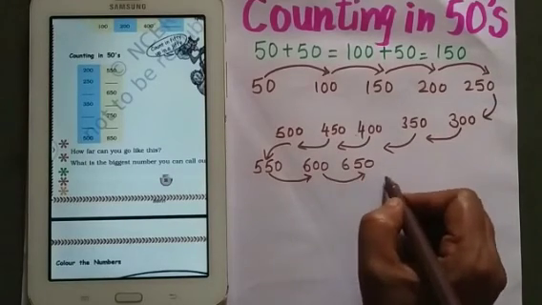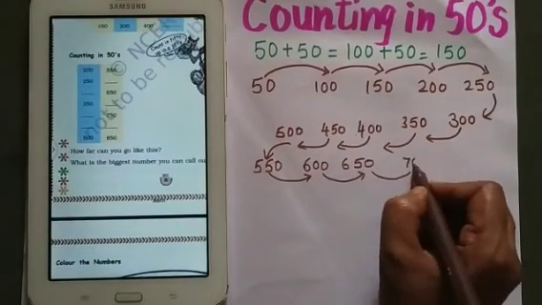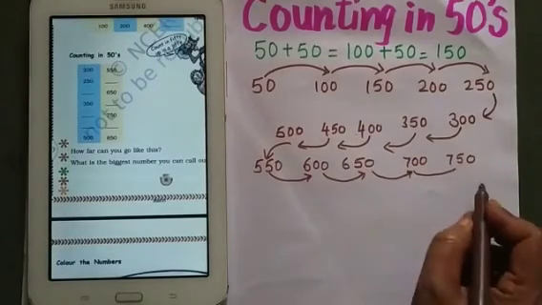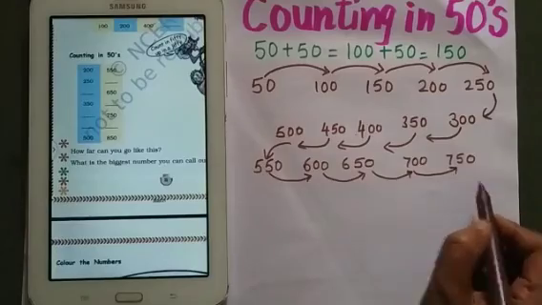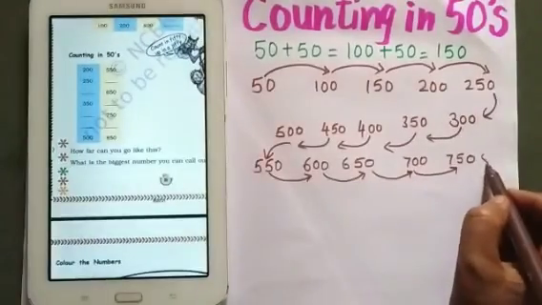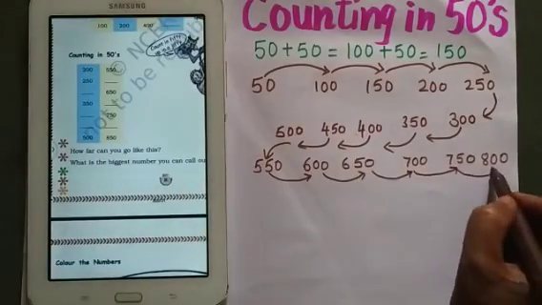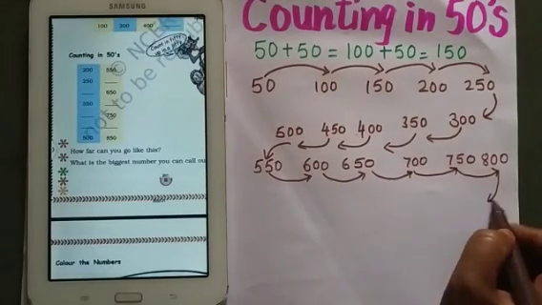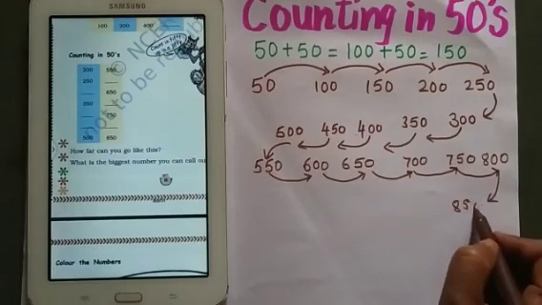After 650, number is 700. 750. After 750, which number will come? That is 800. After 800, which number will come here, dear students? That is 850.